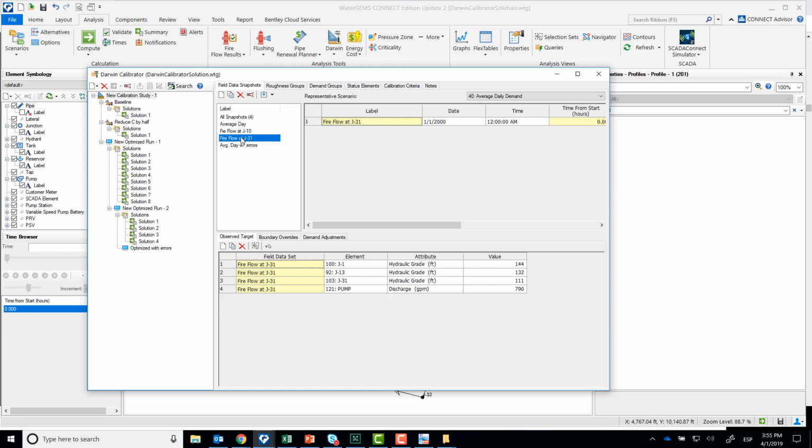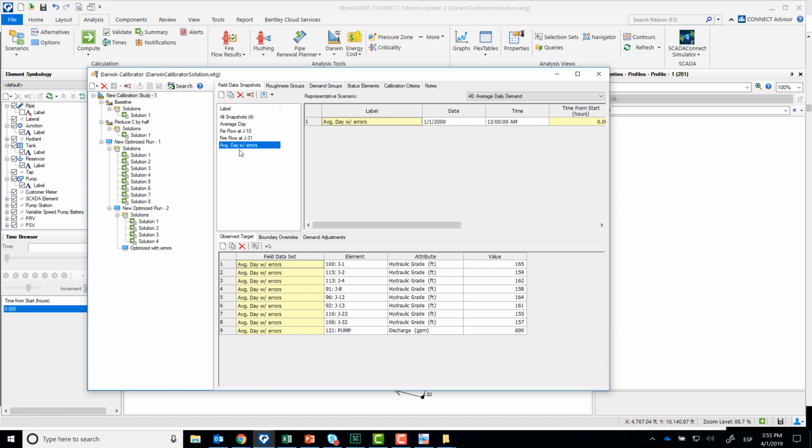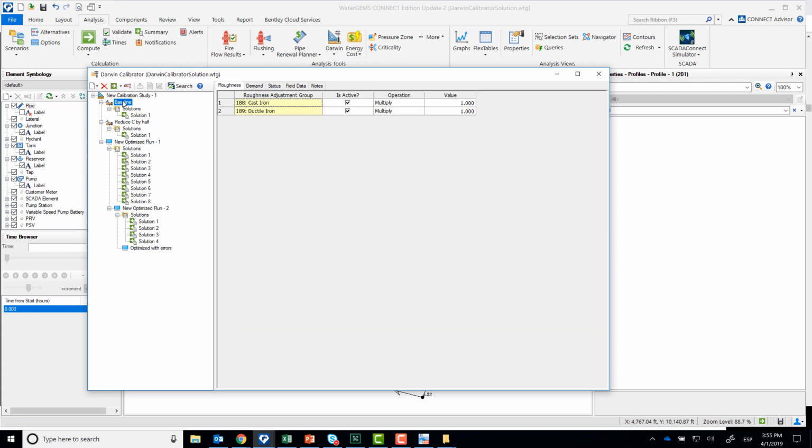And for now, we're going to ignore these errors, but I will show it to you at the end. So the baseline, we say, okay, multiply everything times 1, basically make no adjustments by multiplying by 1.